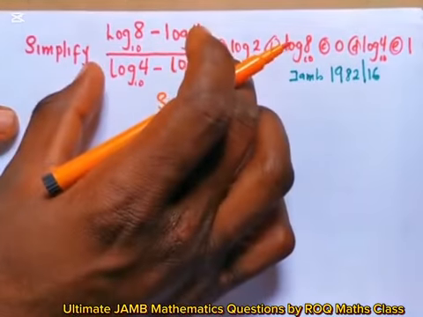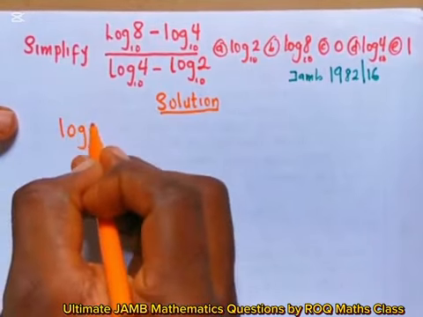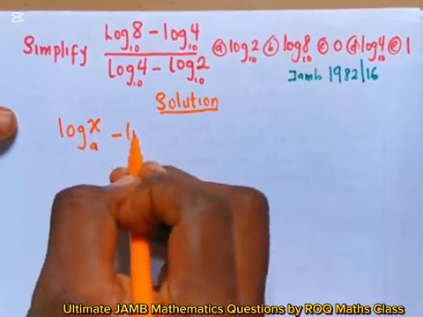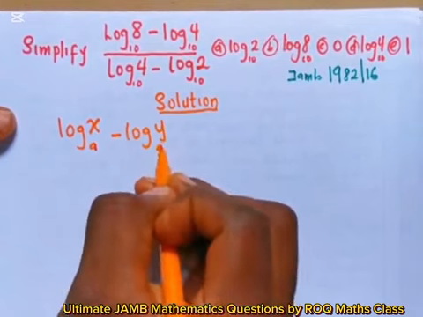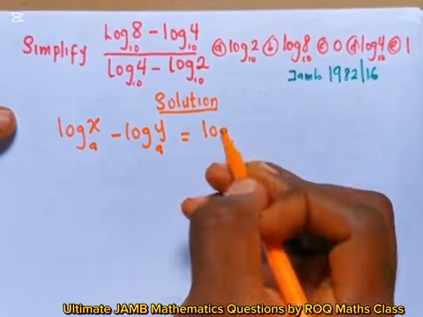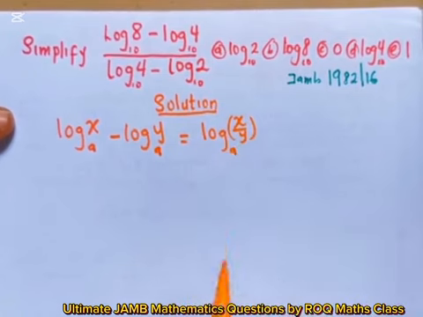Before you can solve this kind of question, we have to recall that whenever we have the log of x base a minus the log of y base a, this is equal to the log of x over y, base a.